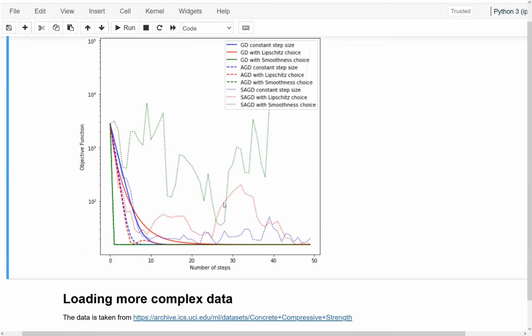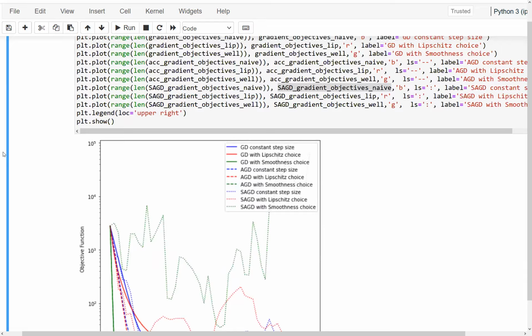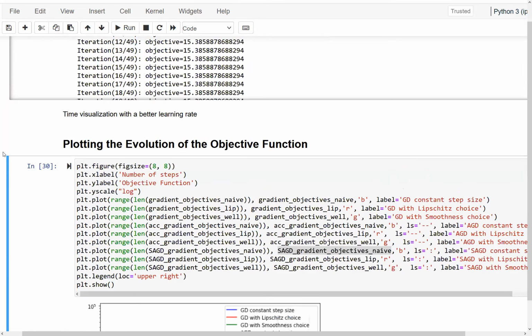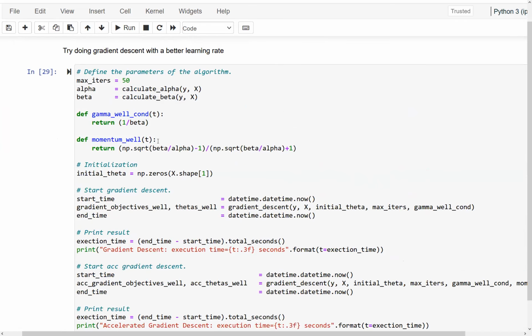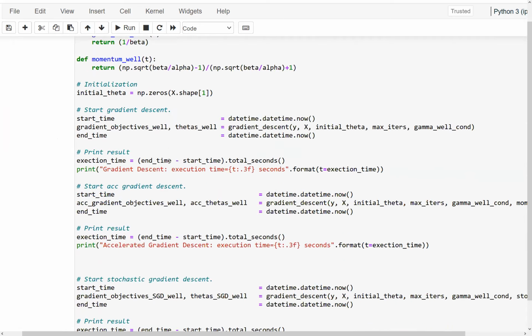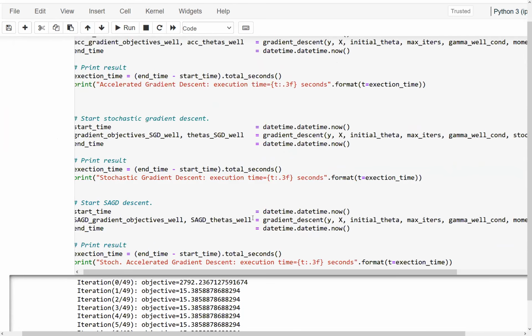In the smoothness choice, we are doing something not so good, but then from time to time we do a good step, but then after iteration, I don't know, 27, we are doing something very bad. We were going away from that. And this is something you sometimes see when you choose the wrong step size.